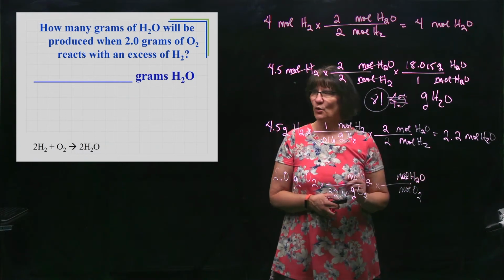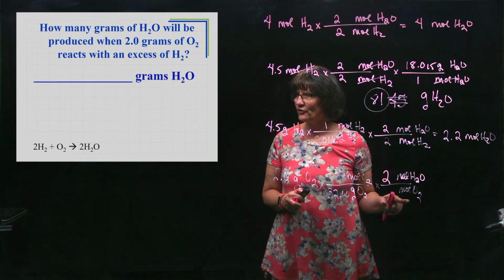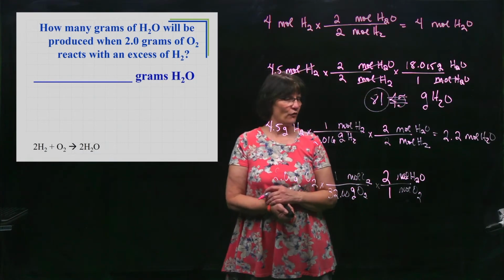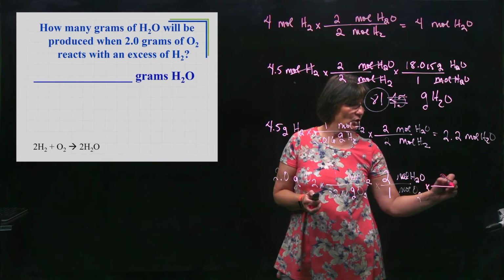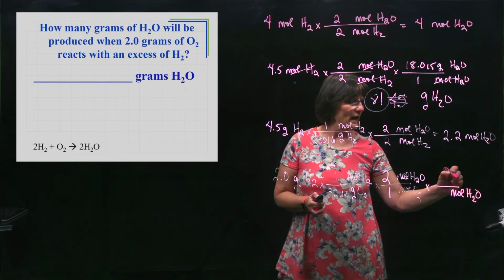We look at our balanced equation, and in front of the water was a 2, and in front of the oxygen is a 1. So now we have gone over our bridge. But we didn't want to stop at moles. We want to continue on our journey from moles of water to grams of water.